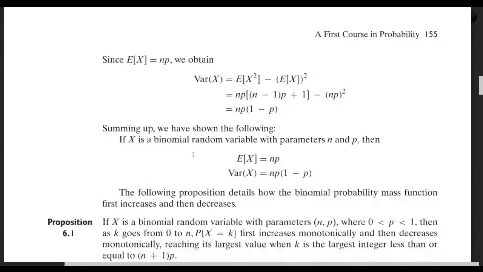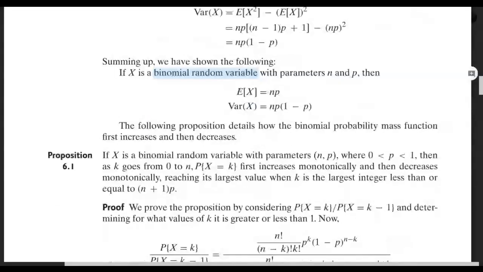So for binomial random variables, same as before from a statistics class, the expected value of a binomial random variable equals n multiplied by p, which is the mean. The variance equals n times p times 1 minus p.